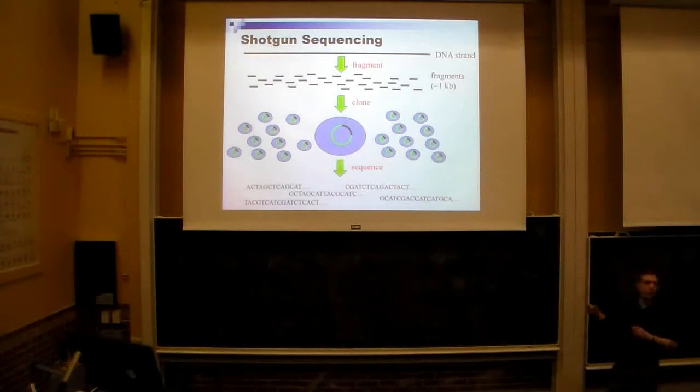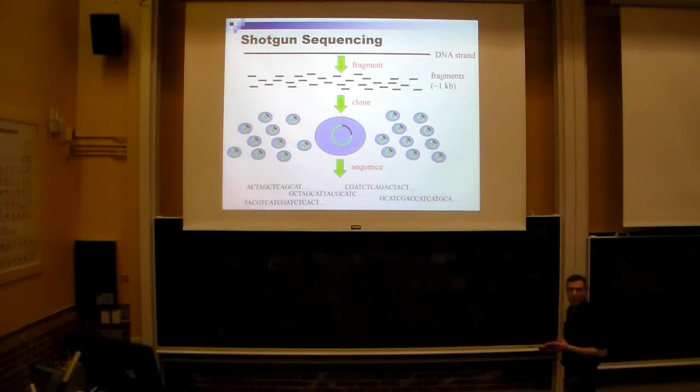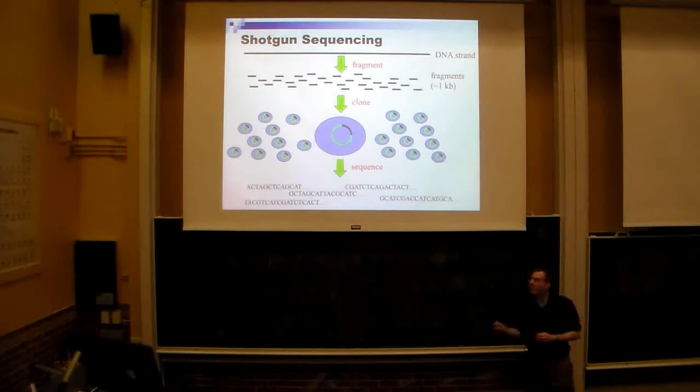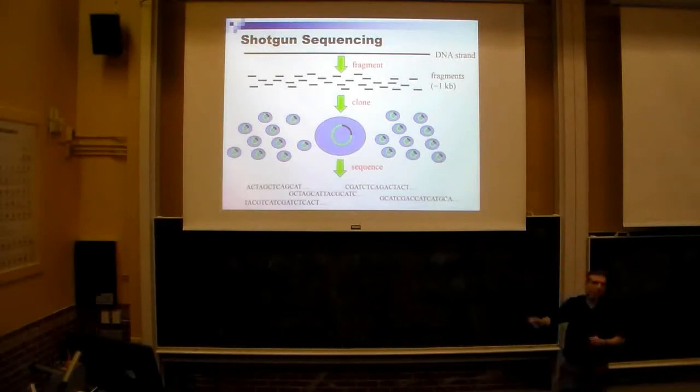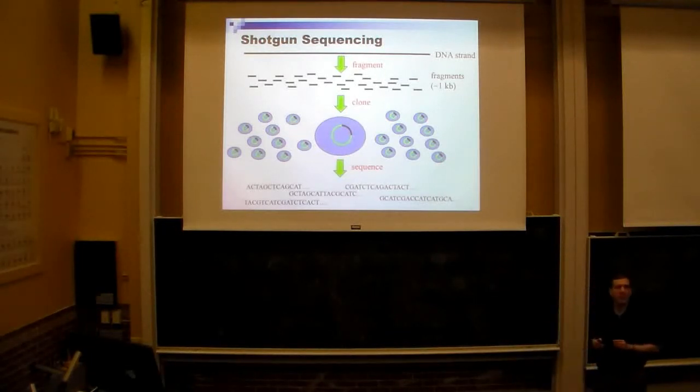So fragment it into 1 kilobase or so regions of DNA, clone those, get lots of little cloning vectors, each of which has a kilobase of DNA, sequence those directly, and then without these intermediate steps, try to put together all these little 1 kilobase pieces.